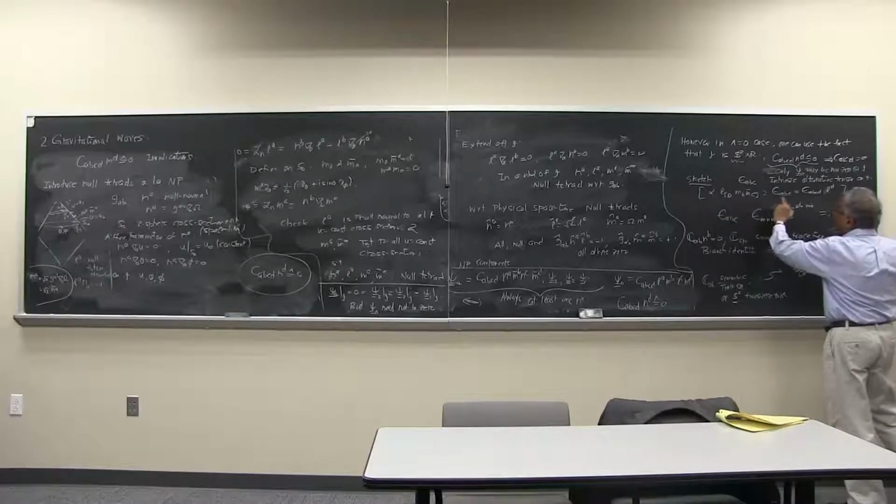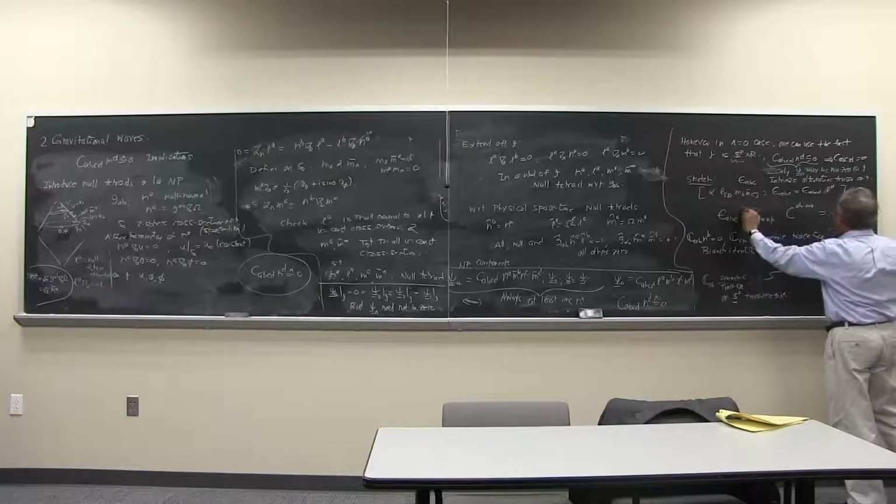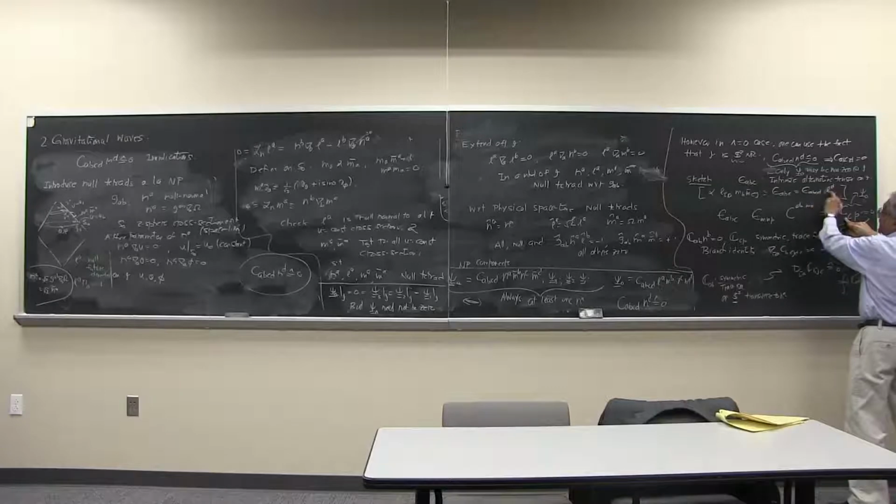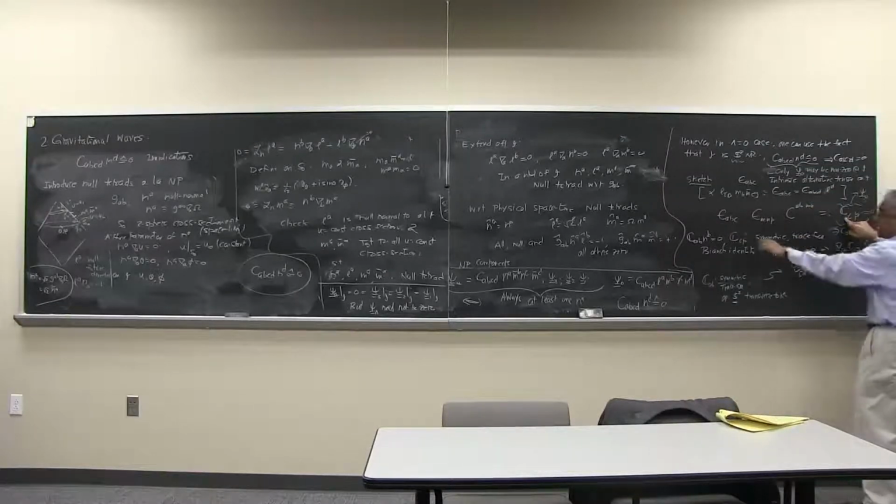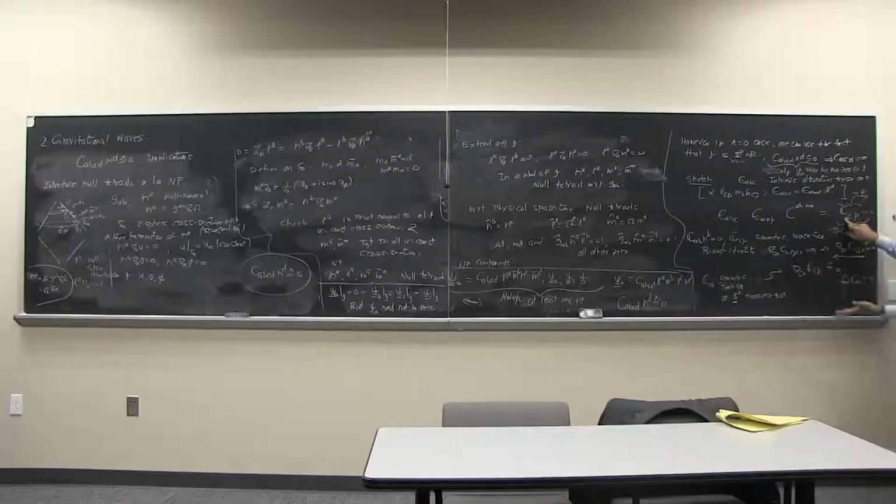Now you know what I mean by epsilon_ABC. It is just given by epsilon_ABCD times l^D, where l is a Newman-Penrose tetrad vector. So you can just plug in here, and you can check that this is really the same as psi 0. In fact, this is exactly the same as psi 0. So if I plug into it m^C and m^D, I will just get psi 0 up here. So this information is the same as psi 0.